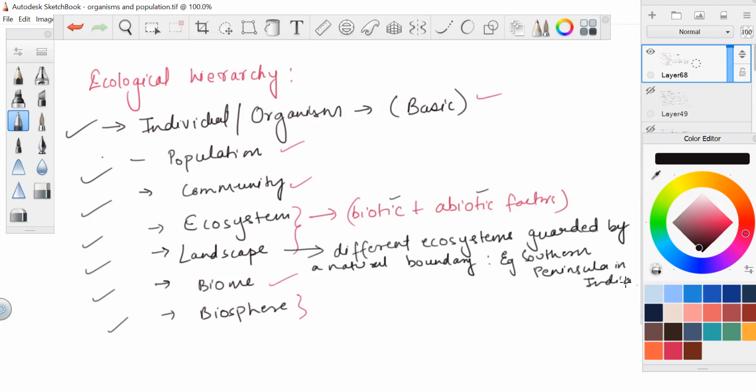So different ecosystems come under landscape which are guarded by natural boundaries.